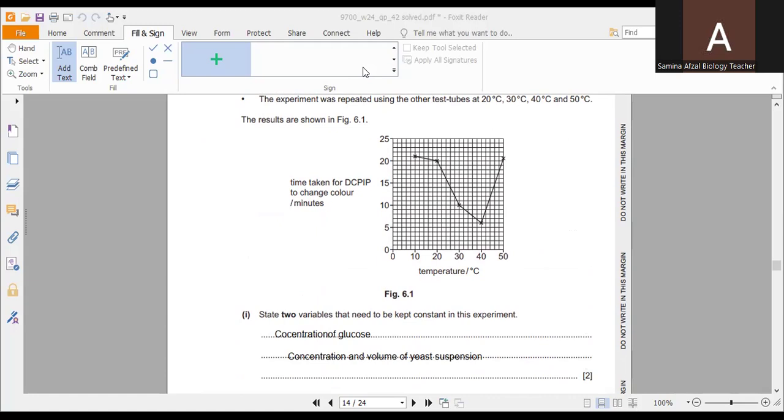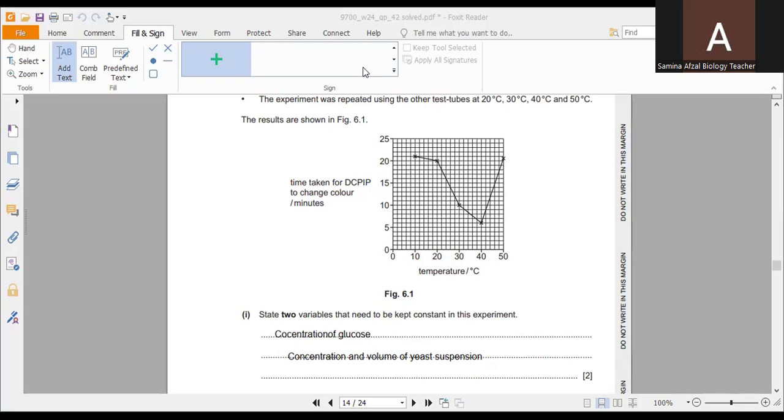You can see on this graph the effect of temperature on the time taken for the enzyme catalase reaction of DCPIP. At 10 degrees C, more time is taken for DCPIP to change from blue to colorless.